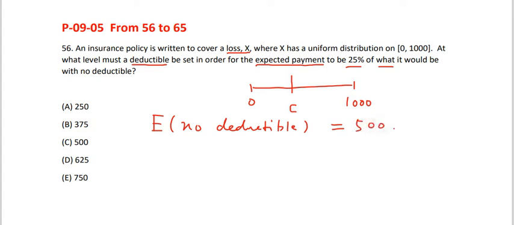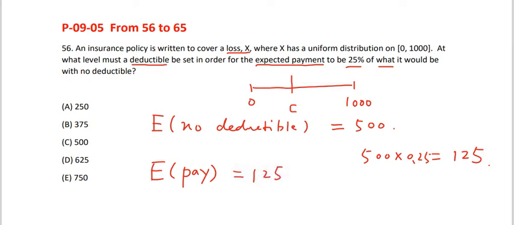The mean for this uniform distribution is the midpoint. Now the payment with deductible is 25% of this, and 25% of this is 125. So now the payment with deductible equals this 125, right?